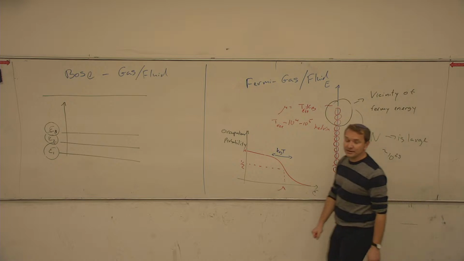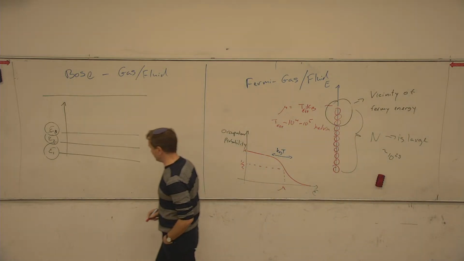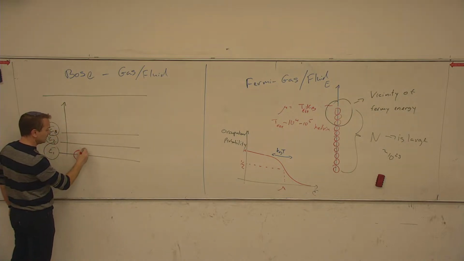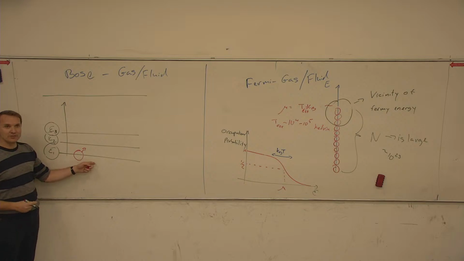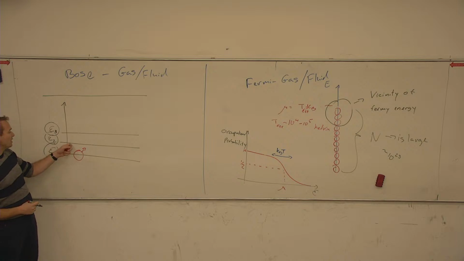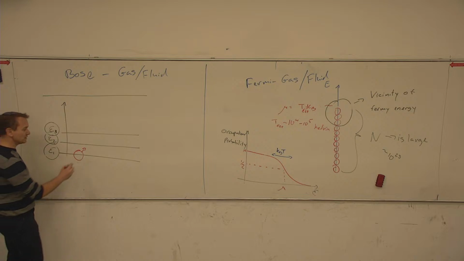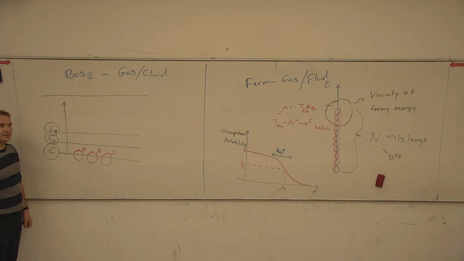Now, what is the main difference between the Bose and Fermi descriptions? Previously, if I put a particle in this state up over here, I couldn't add another particle at the same level. I had to push it into level number 2 or level number 3. But because I'm talking now about bosons, I don't care how many particles I put at exactly the same level.